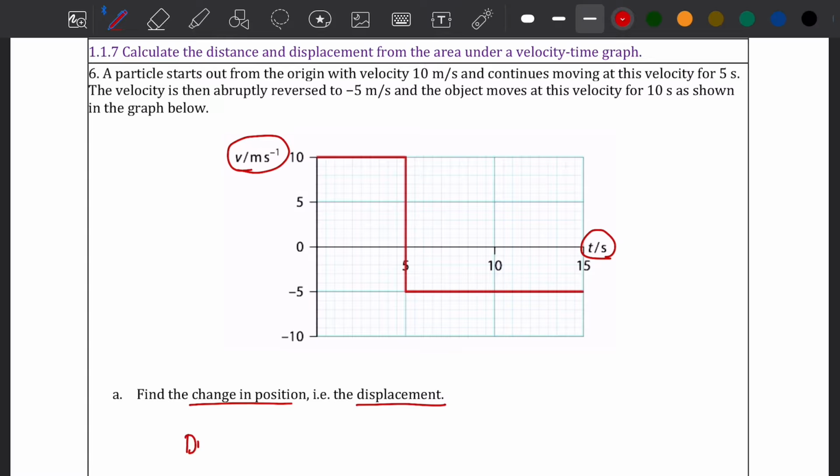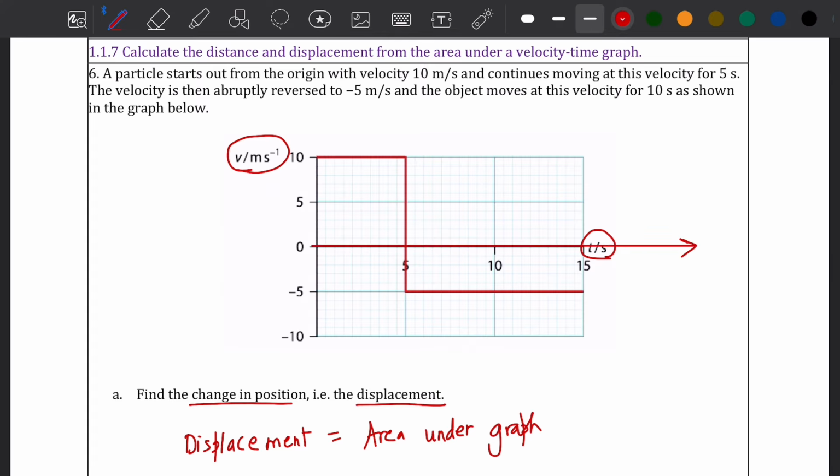We know that displacement from a velocity time graph is the area under the graph. When we say area under the graph, it means the area between the plot line and the time axis. So always remember to focus on the time axis, because that's going to help you find the area.